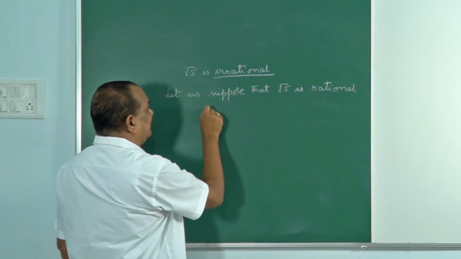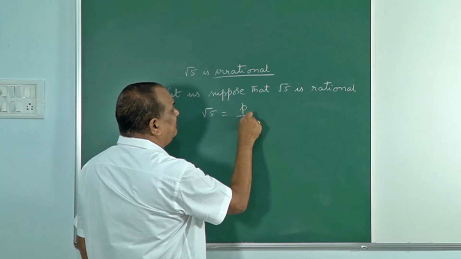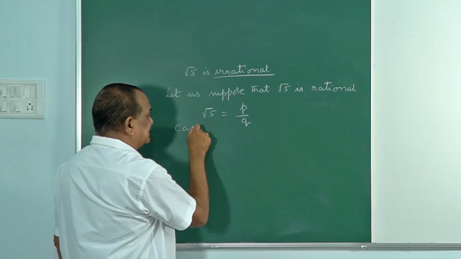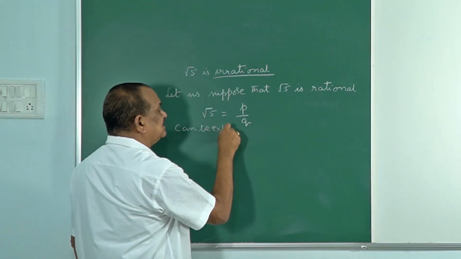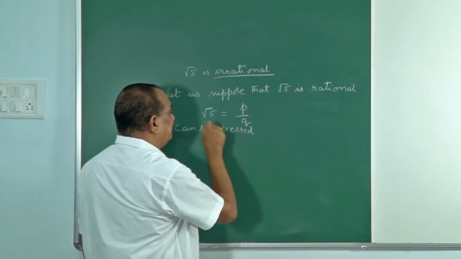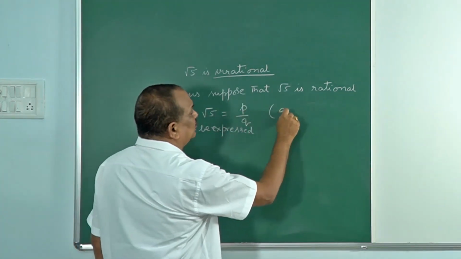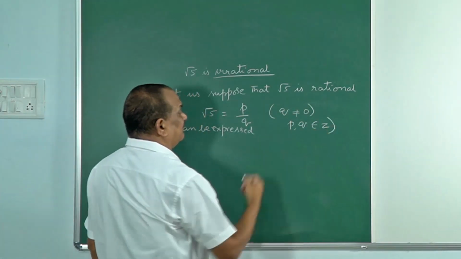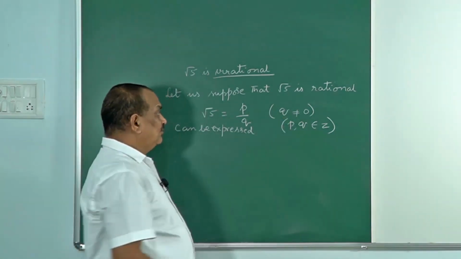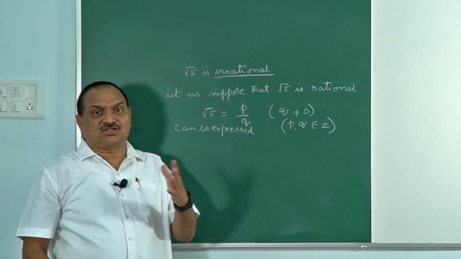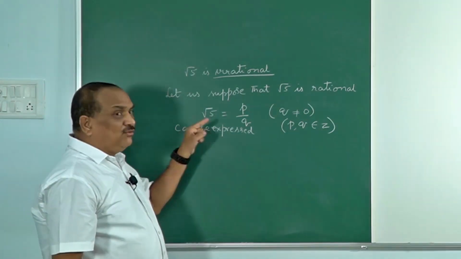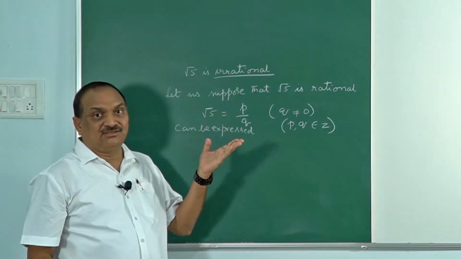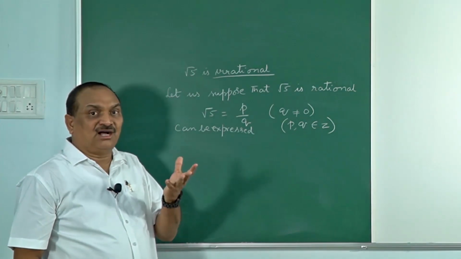So root 5, because you said it's a rational number, can be expressed in the form of p on q, where q is not equal to 0, and p and q are integers. Now this is our assumption, not that it's true. You have to prove that this is absurd, it can't happen, and this is preposterous. So let's see how it's wrong.